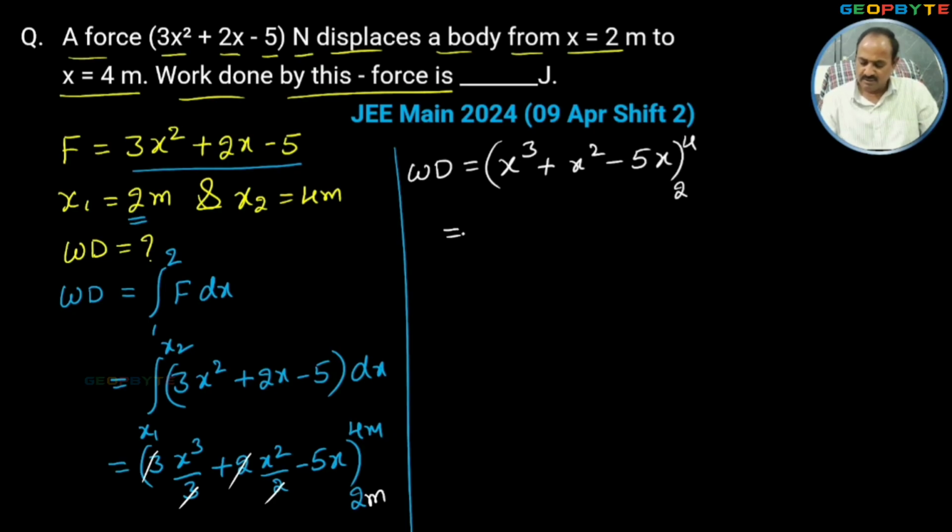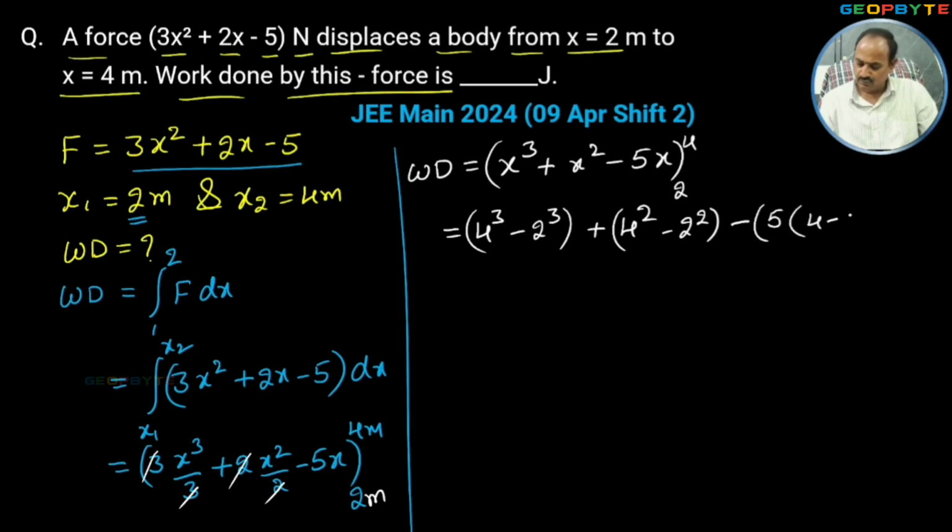Here it is simple mathematics. 4 cube minus 2 cube plus 4 square minus 2 square minus 5 into 4 minus 2. 4 cube is 64 minus 8 plus 16 minus 4 minus 5 into 2, that is 10.